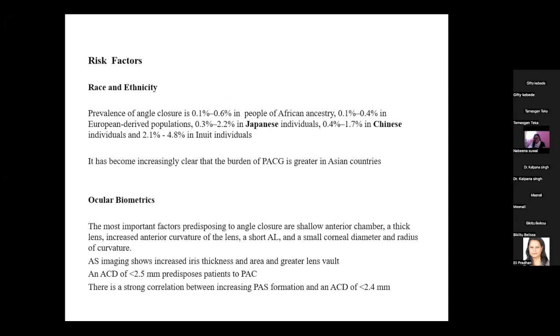The patients with angle closure are associated with shallow anterior chamber, thick lens, increased anterior curvature of the lens, short axial length, small corneal diameter and radius. And anterior segment imaging shows increased iris thickness and area and greater lens vault. And anterior chamber depth of less than 2.5 millimeter predisposes patients to angle closure.